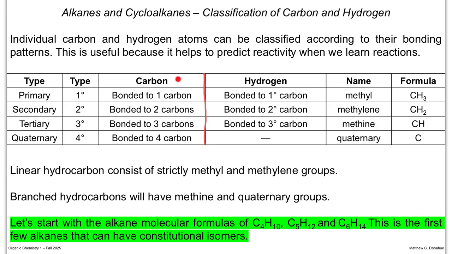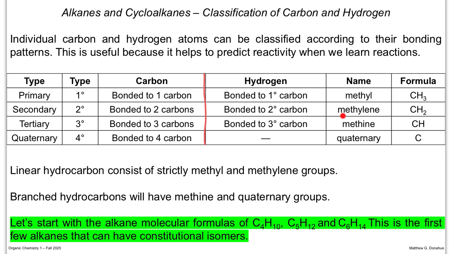So for example, a primary carbon is bonded to one other carbon. So primary hydrogens are bonded to primary carbons, and we would call that a methyl group, so CH3. So secondary, the carbon's bonded to two other ones.